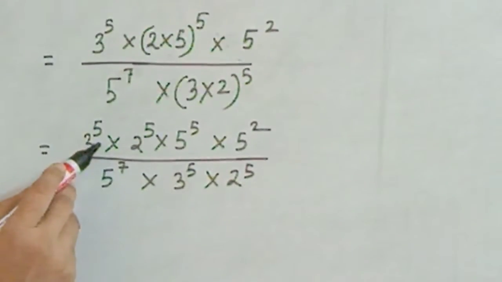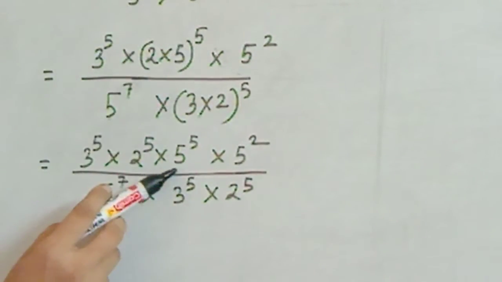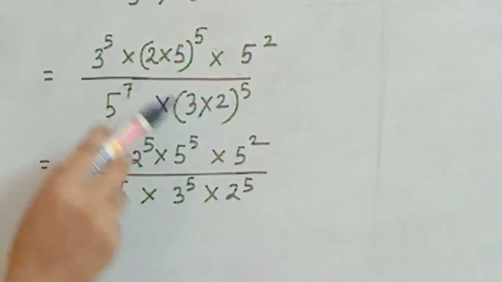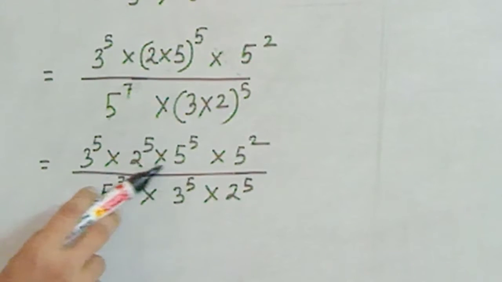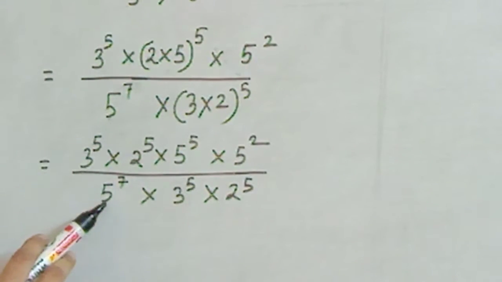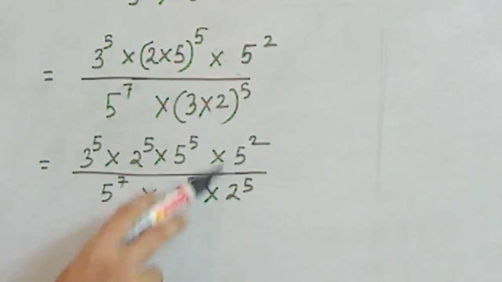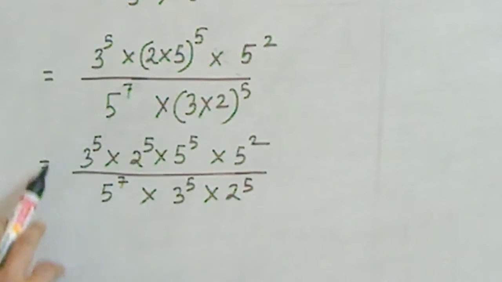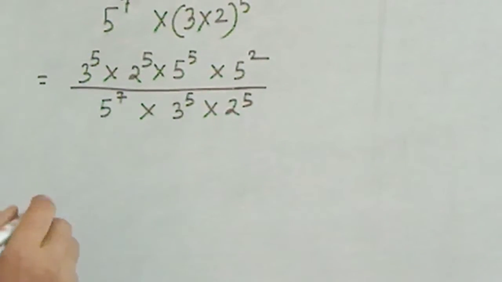Now 3 to the power 5, 2 to the power 5 into 5 to the power 5 into 5 to the power 5, as both the numbers are to the power 5, make them separate. Similarly 5 to the power 7 into 3 to the power 5 into 2 to the power 5. Now you can see that all the numbers are in their prime factor form.